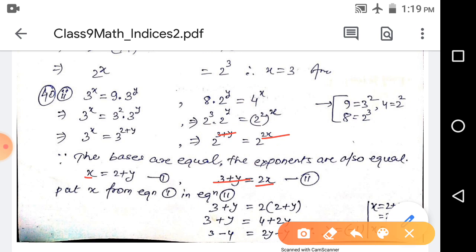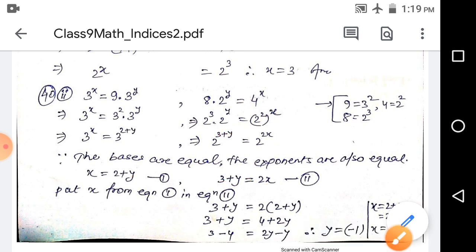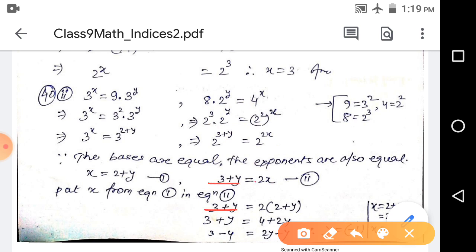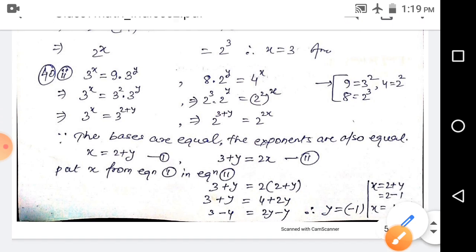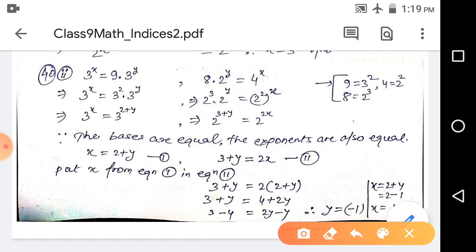Remember that we have the value for x, so we can substitute the value of x here. This 3 plus y is equal to 2 into x, and for x we shift this value, 2 plus y. Now after solving this, here we have 3 plus y equals to 2 into 2, it is 4 plus 2y, and after solving we got y equals to -1.